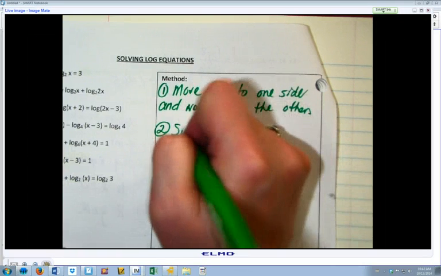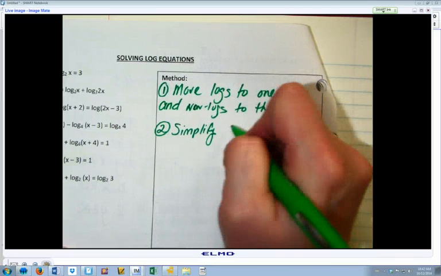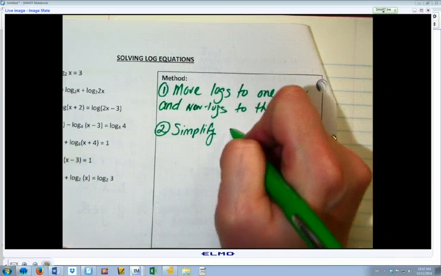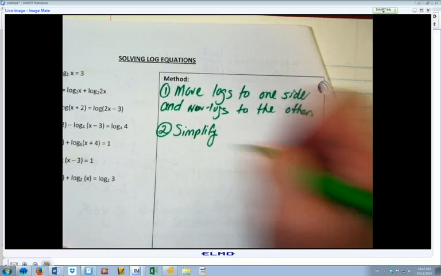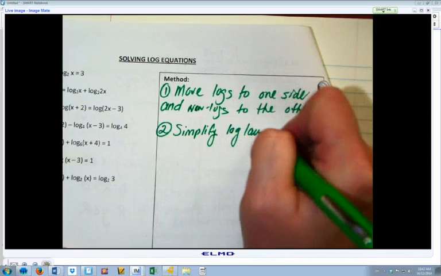Step 2, simplify using log laws. Remember the log laws.